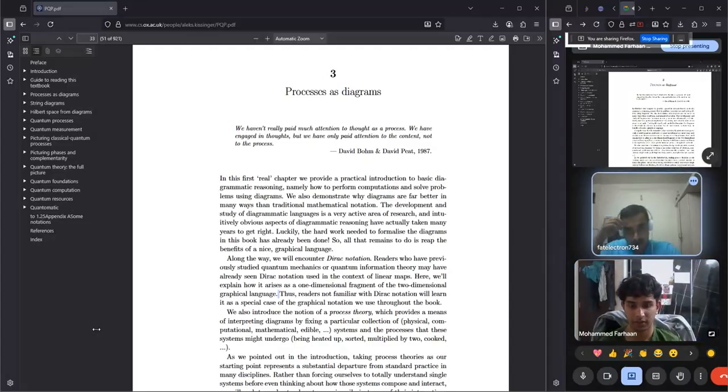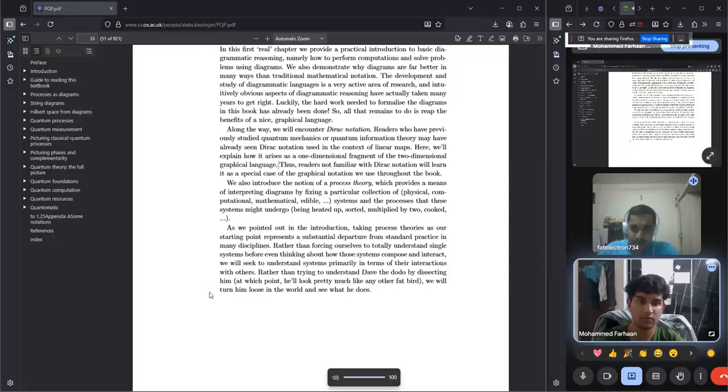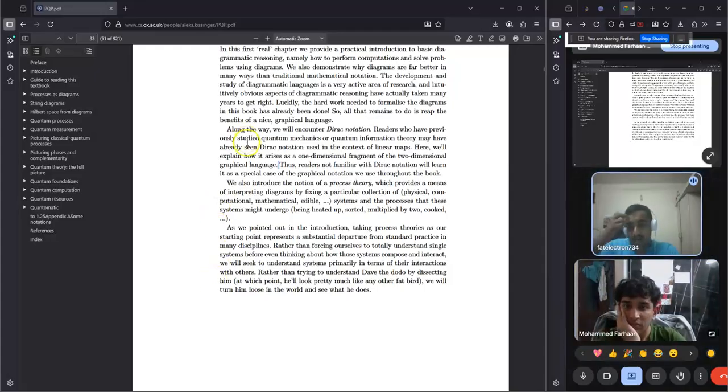So, along the way, we will encounter Dirac notation. Readers who have previously studied quantum mechanics or quantum information theory may have already seen Dirac notation used in that context. Here, we'll explain how it arises as a one-dimensional fragment of the two-dimensional graphical language.